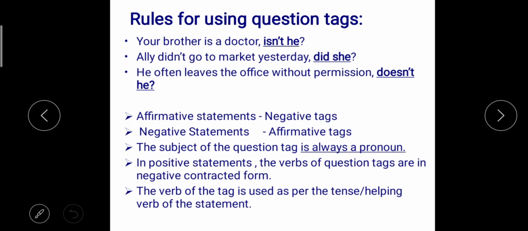Look at the second sentence, Ali didn't go to market. The sentence is in past indefinite. That's why the helping verb of the past indefinite is did, so did is used here. Same, he often leaves the office. The sentence is in present indefinite. That's why the helping verb is used here, does, as per the subject he.